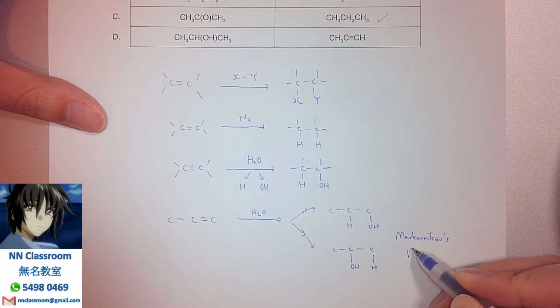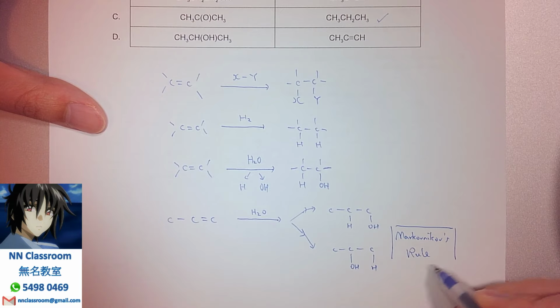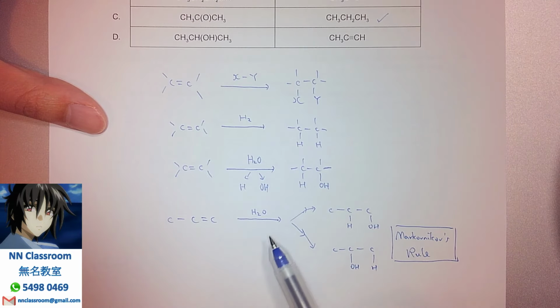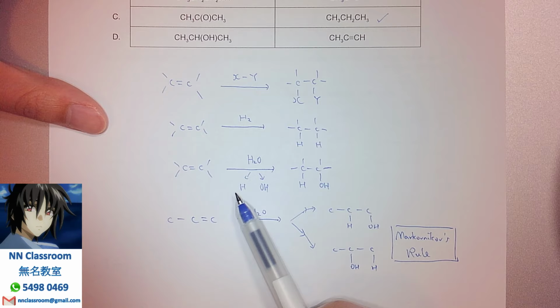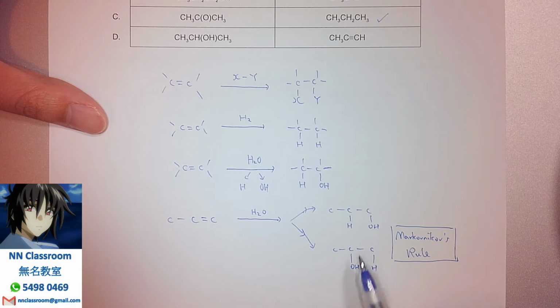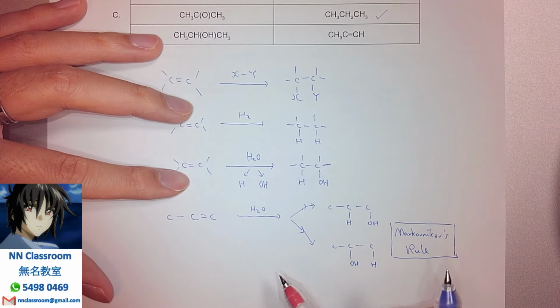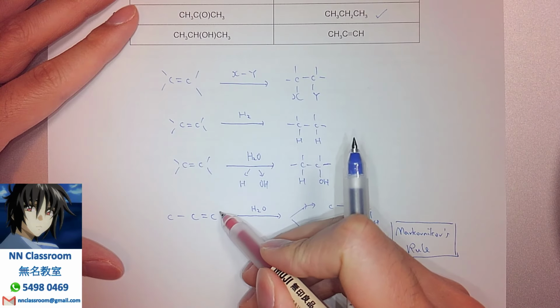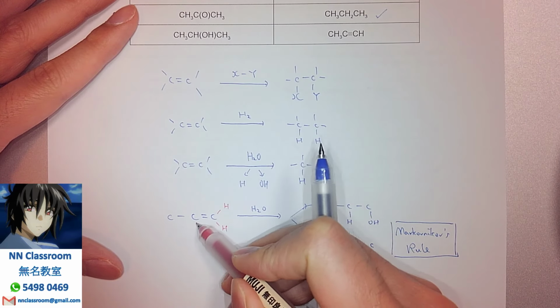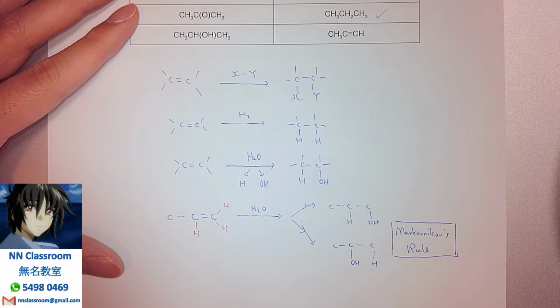Markovnikov's rule. Actually, it's really easy. Markovnikov's rule states that the hydrogen will go to the carbon that already has more hydrogen. Again, hydrogen will go to the carbon that already has more hydrogen attached. So if we look carefully at the pre-existing hydrogens on this propene, the first carbon has two hydrogens, but the adjacent one has only one hydrogen.